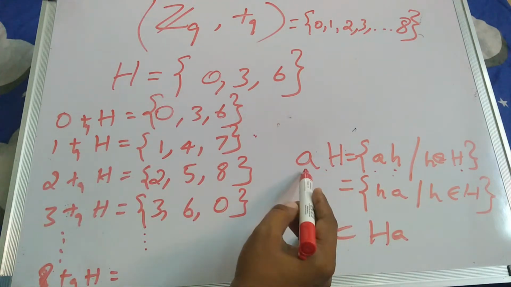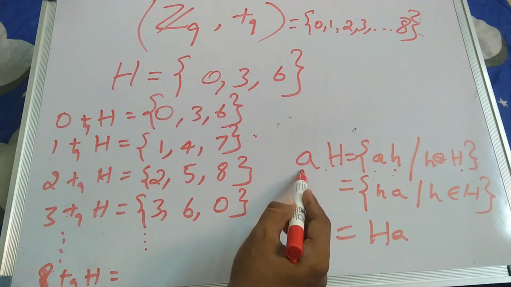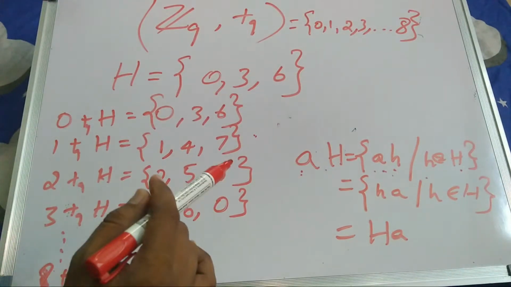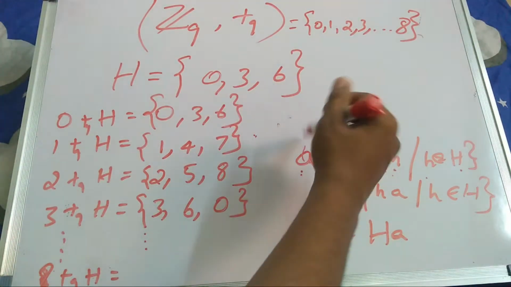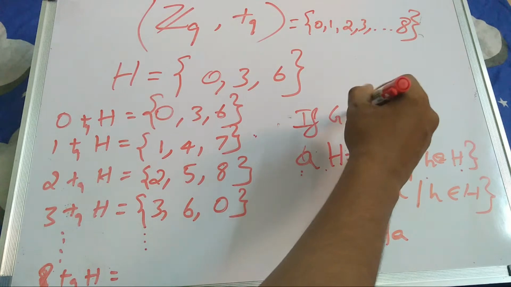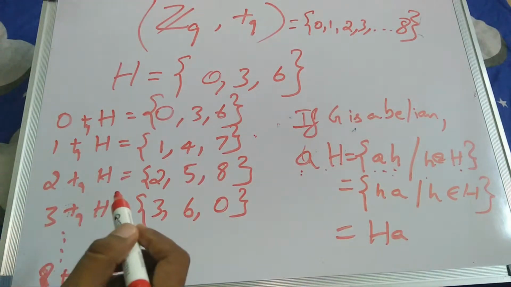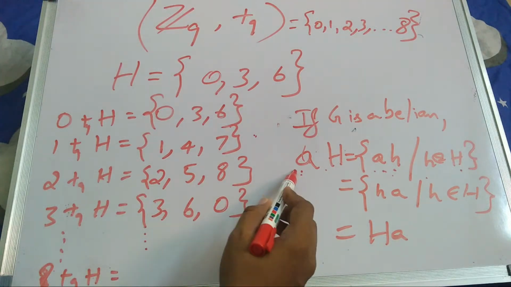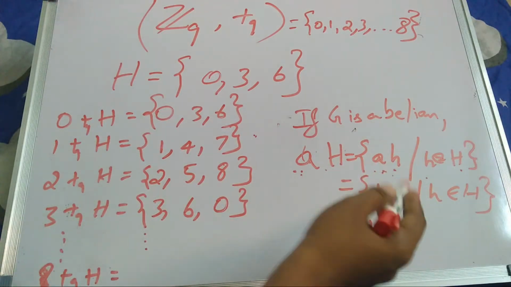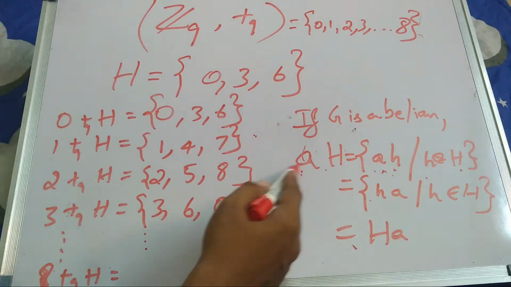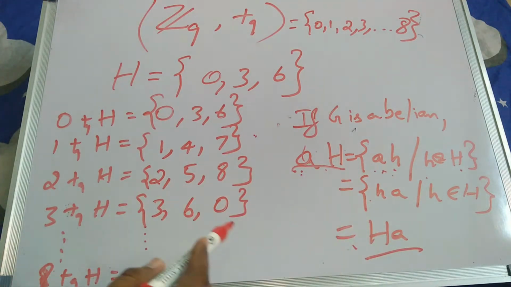So the left coset is defined as aH where h belongs to H. If G is abelian, given any a, aH will be equal to Ha, and hence this is nothing but the right coset. So our left coset must be equal to the right coset.